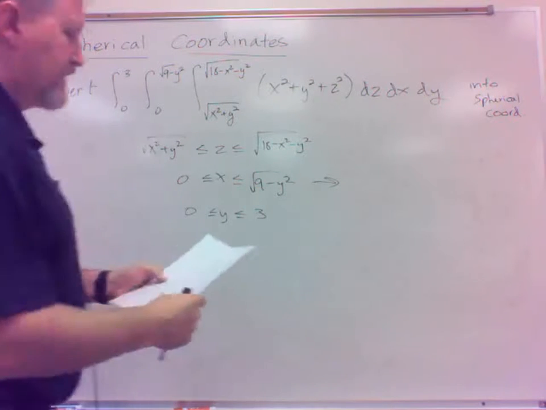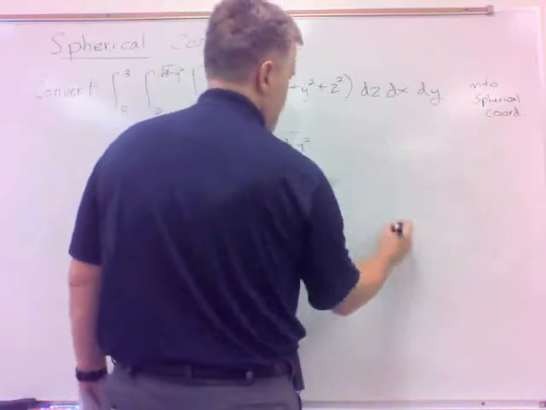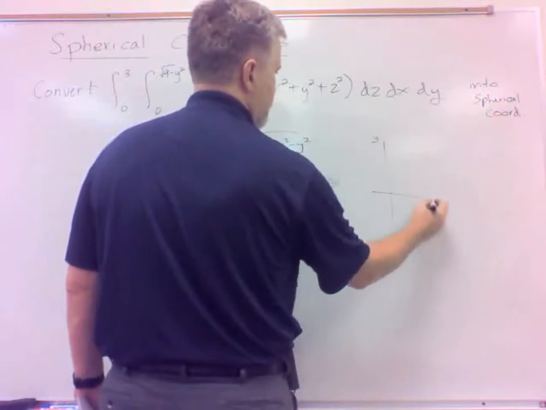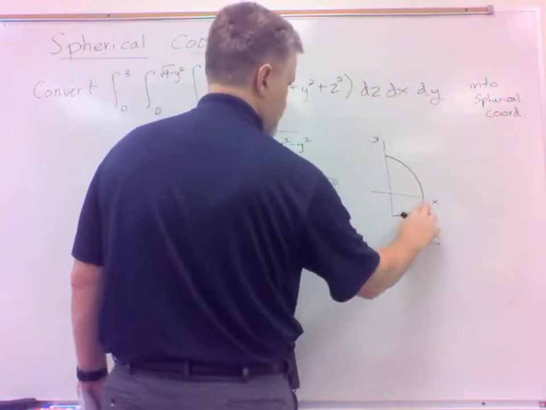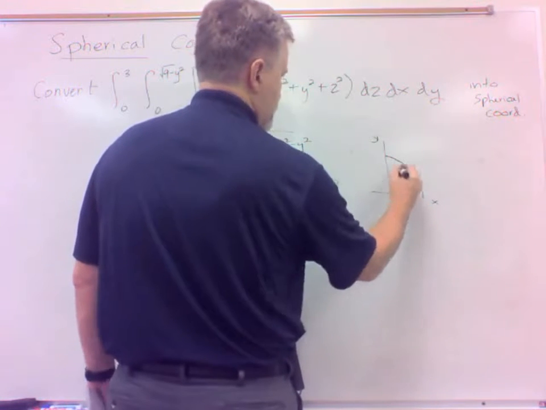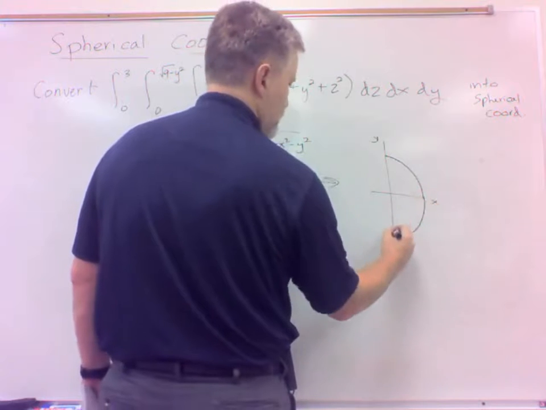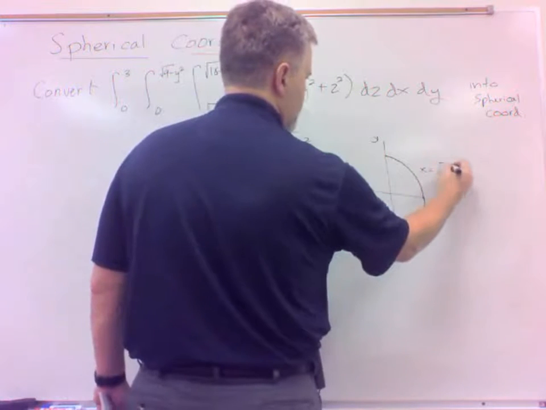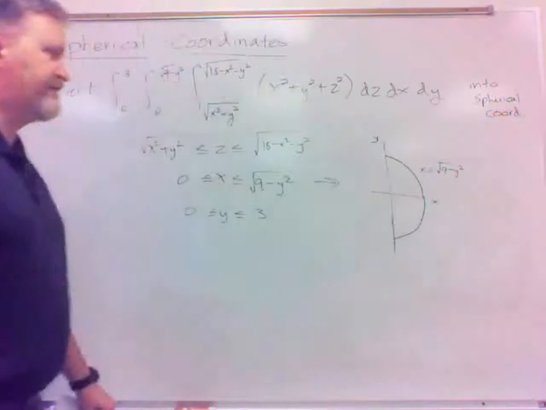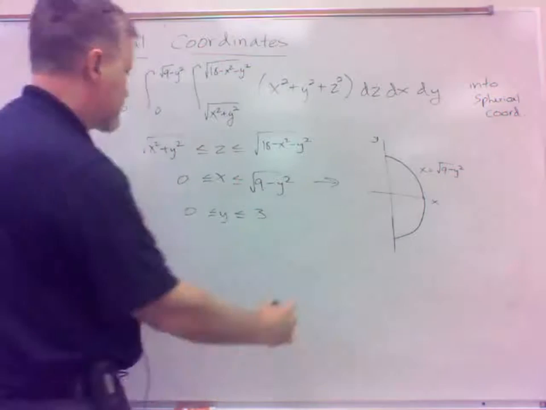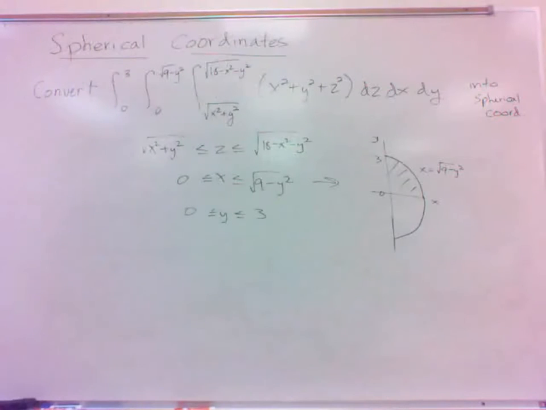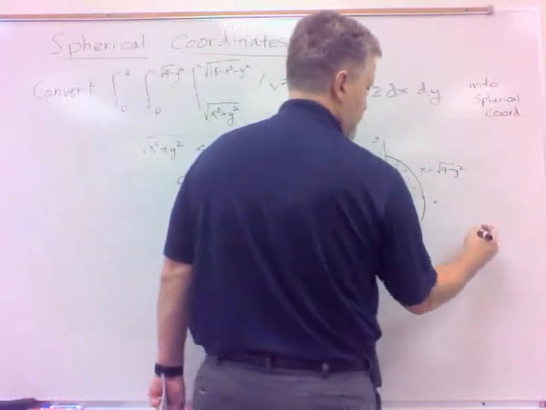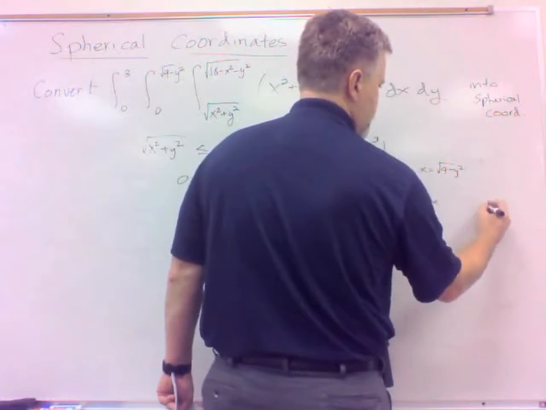Looking at the xy plane, the square root of 9 minus y squared is the right half of a circle. And since y only ranges from 0 to 3, we're talking about a quarter circle. So theta, the angle in the xy plane, has to be between 0 and pi over 2.